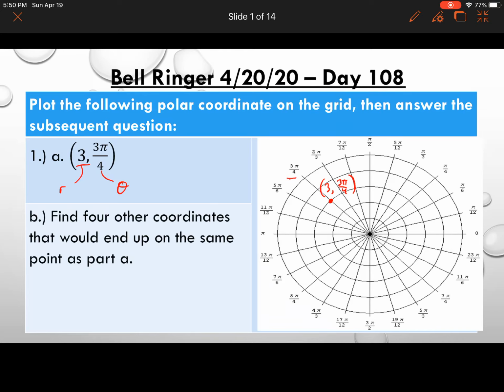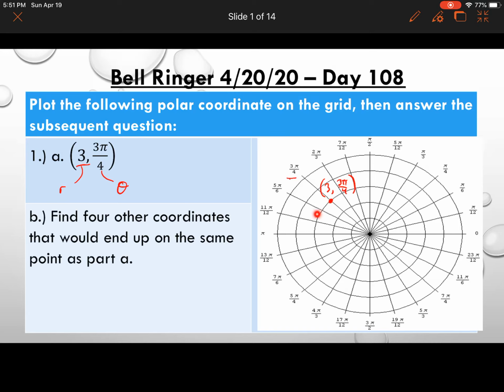There's our point. Now B: find 4 other coordinates that would end up on the same point as part A. Well, let's do probably the easiest trick that we can use to always guarantee we can find another coordinate that is the same point on the grid: let us add or subtract 2π to the original angle.